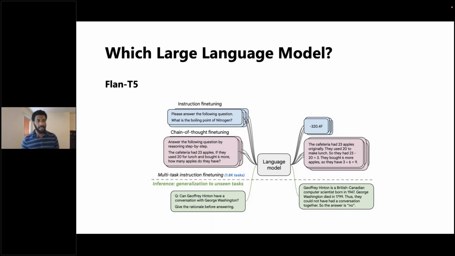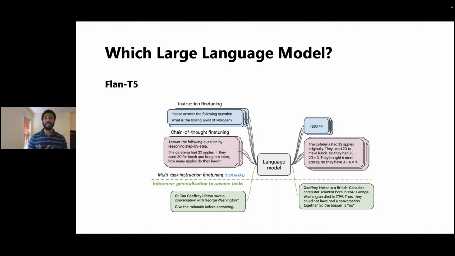In particular, chain of thought prompting has become quite popular, as it has been shown that this allows the models to give better answers. The idea here is that the models need to explain their quote-unquote reasoning, and this leads to better responses by the model.